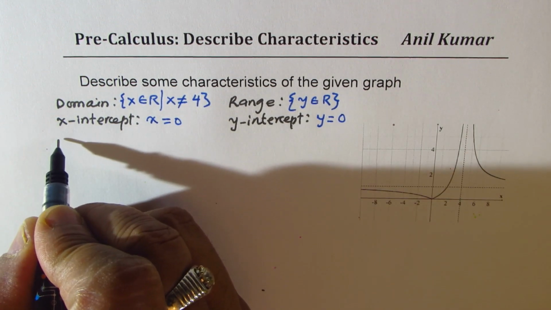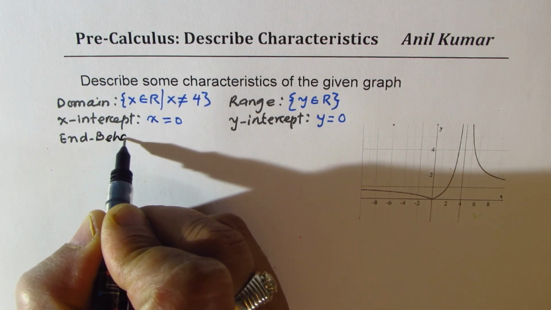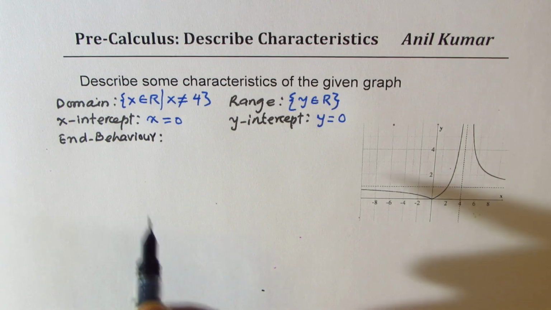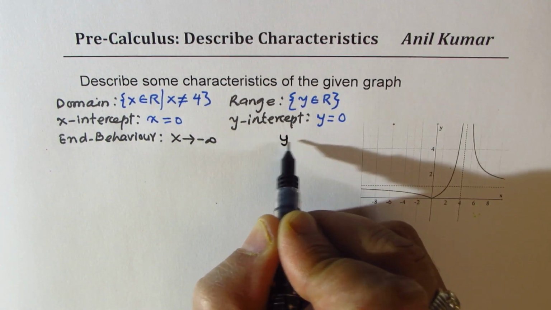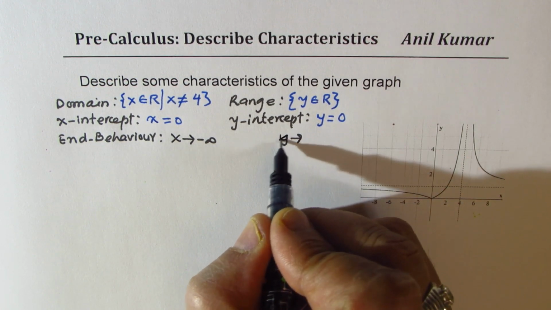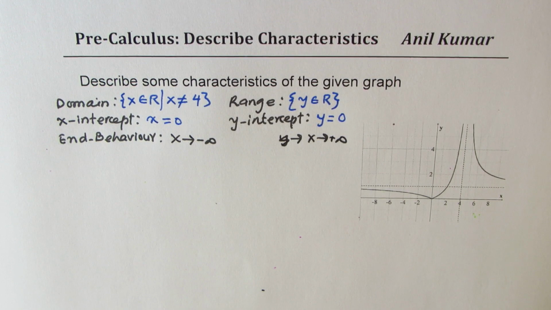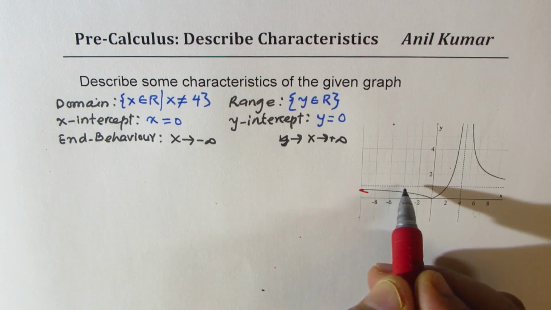Now let's look into end behavior. That is to say, what happens when x approaches negative infinity and what happens when x approaches positive infinity. So as you can see, when x approaches negative infinity, the graph is approaching the value 1, right?